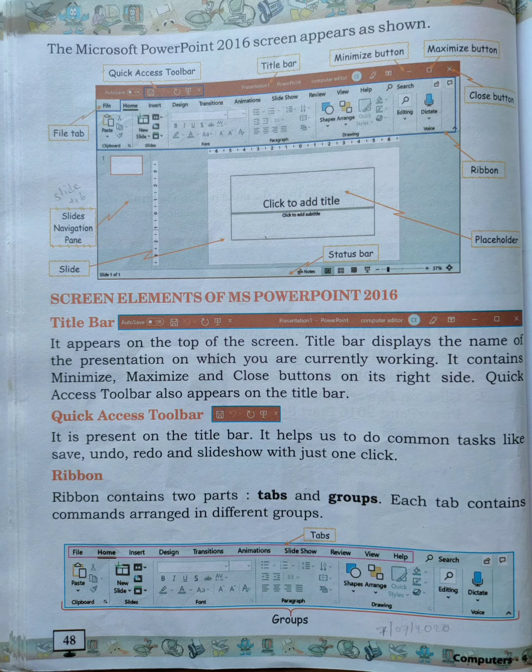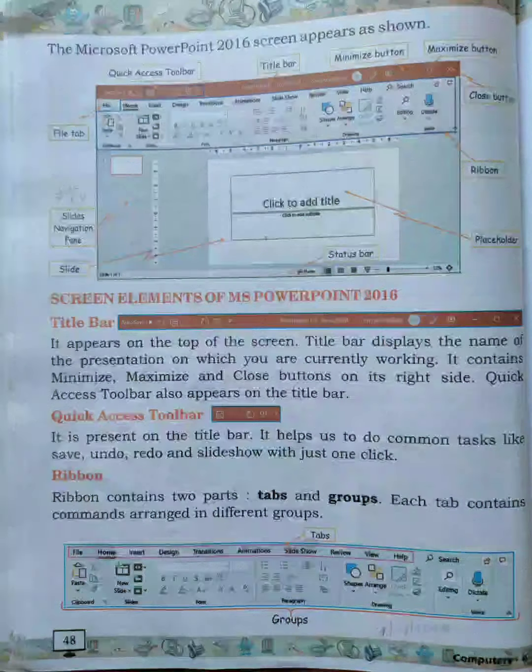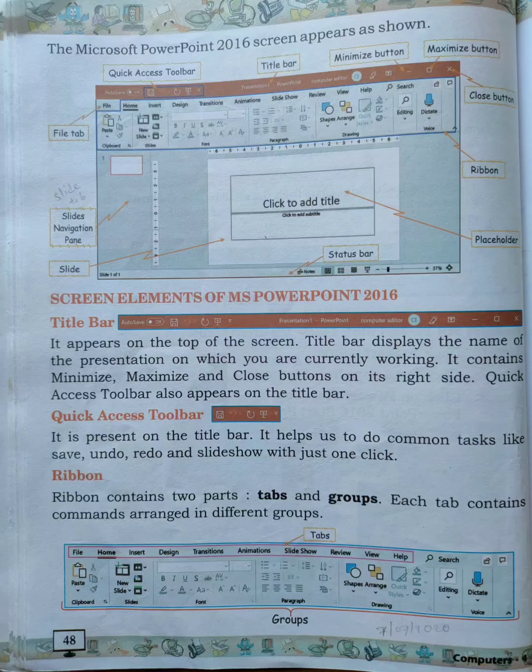Where is the title bar? It appears on the top of the screen. You can see the title bar. The title bar displays the name of the presentation on which you are currently working. Currently working means you have opened PowerPoint and you are making the presentation.